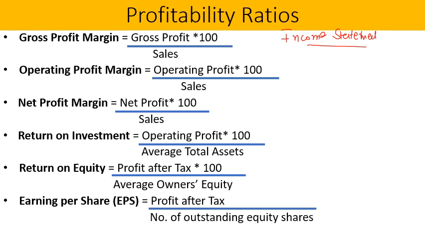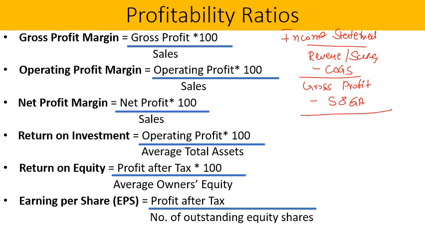So let's start with revenue and sales. If we deduct cost of goods sold, we will get gross profit. If we further deduct selling and administration expenses, we will get operating profit, which is also known as EBITDA, earnings before interest, tax, depreciation and amortization.